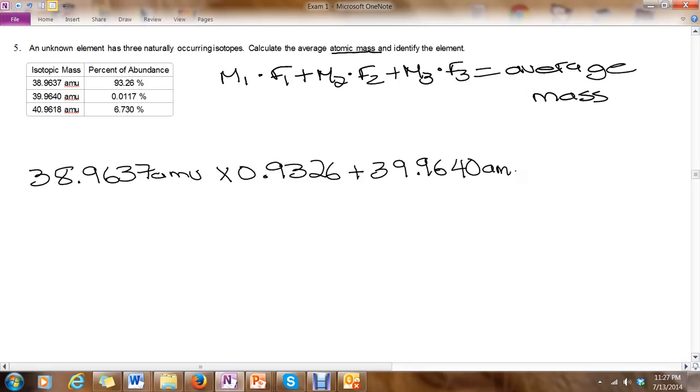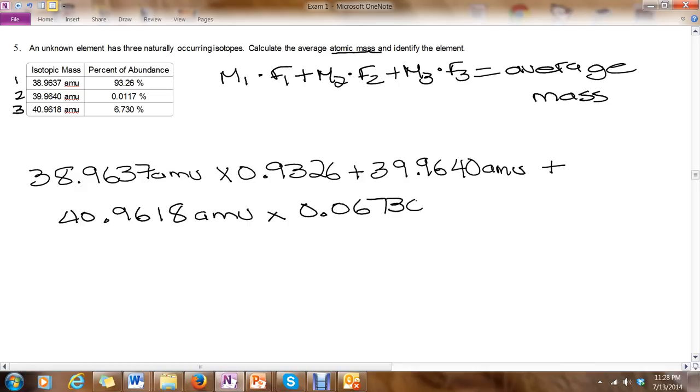Plus, for isotope 3, 40.9618 AMU multiplied by 0.0673. That's what we need to find out.